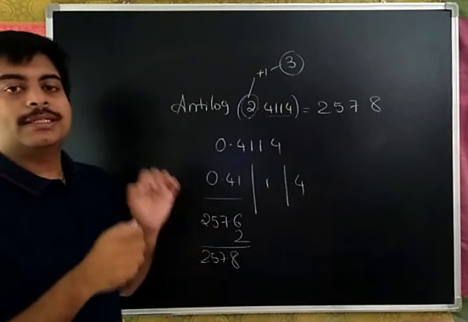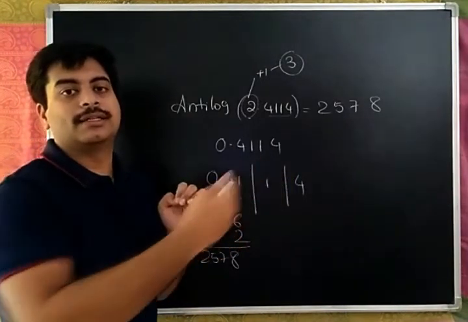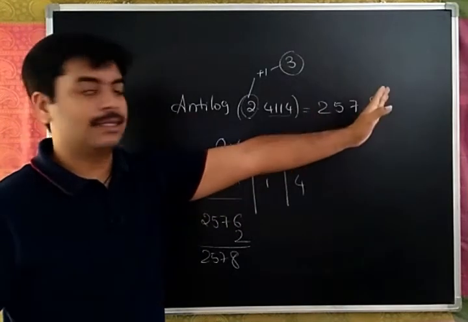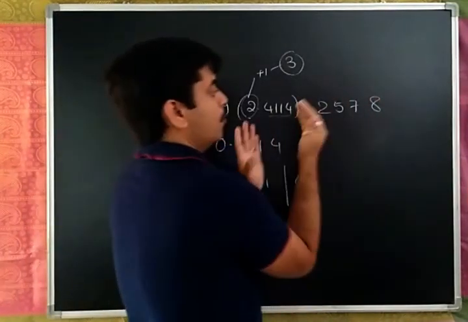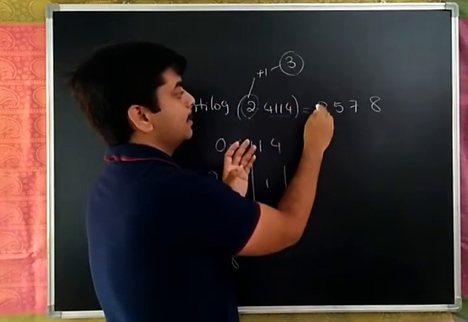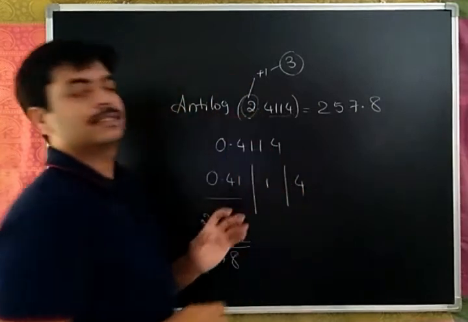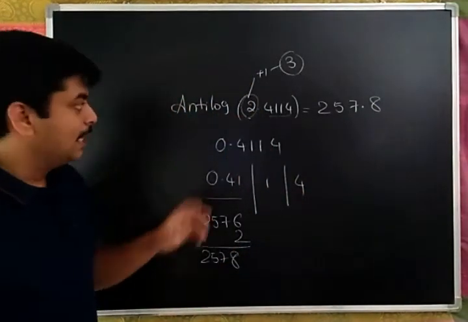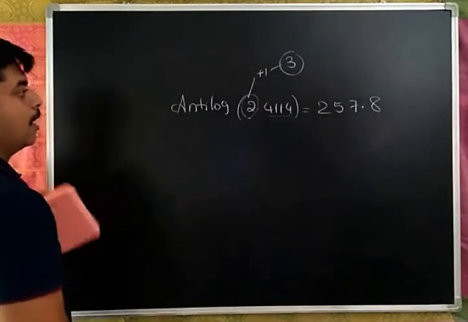So the decimal point should be placed after 3 digits from the left hand. Okay, this is left, this is right. From the left hand, the decimal should be kept after 3 digits, that is 257.8.